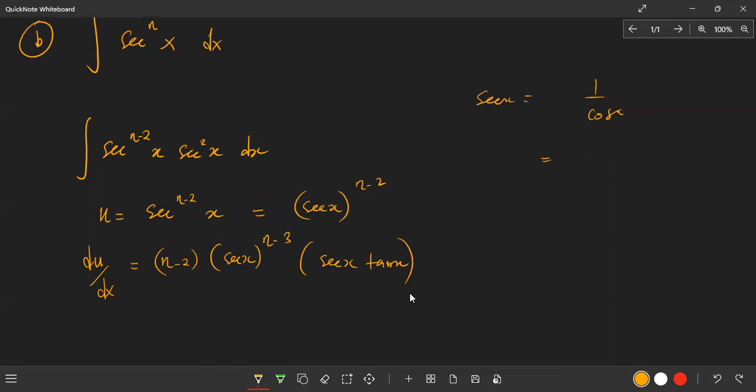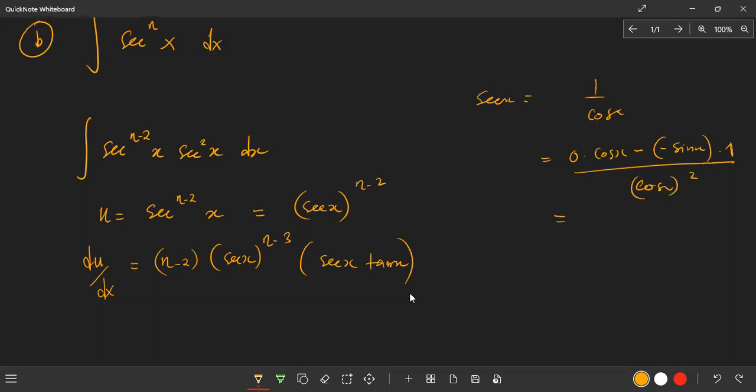First I'll differentiate the function on top, which is just 0, times the function down here, cos x. I'm sure you remember how to use the quotient rule. And then minus the derivative of the function in the bottom, which is negative sin x, times the top function, just 1. Divide by the bottom function squared, so cos x squared.